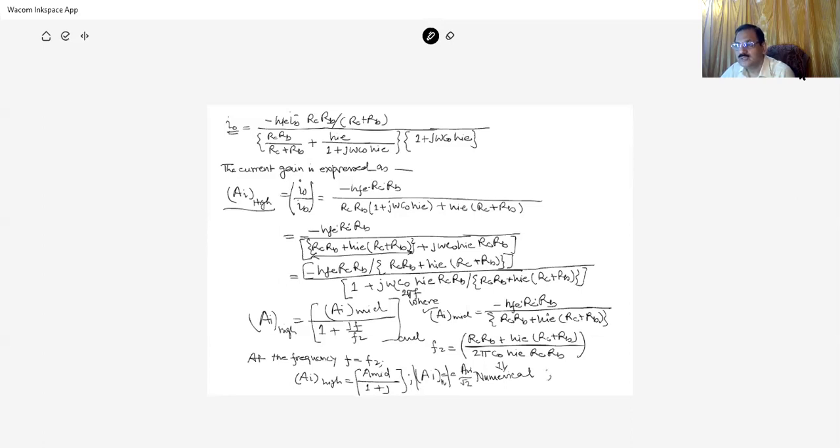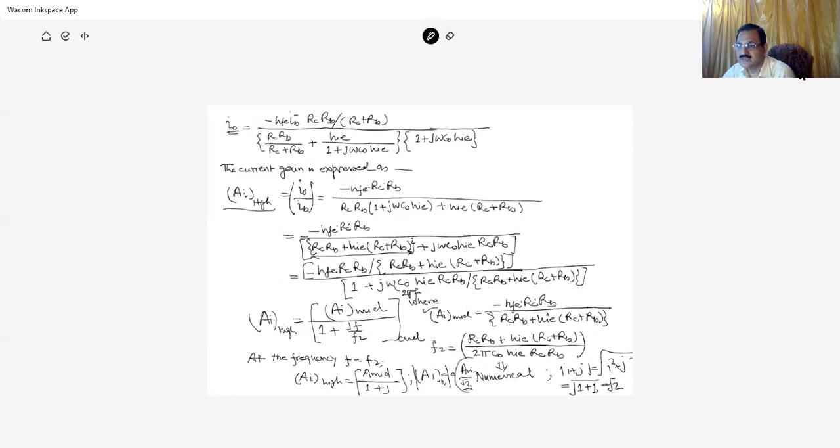Why? Because this is the modulus of 1 plus j. The mod value of 1 plus j is nothing but the square root of 1 square plus j square, which is 1 plus 1. 1 plus 1 is under root 2. So this is under root 2. This under root 2 means again the same as 70%.